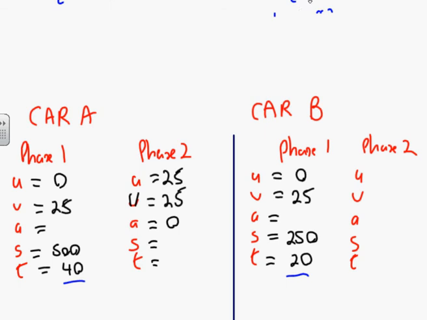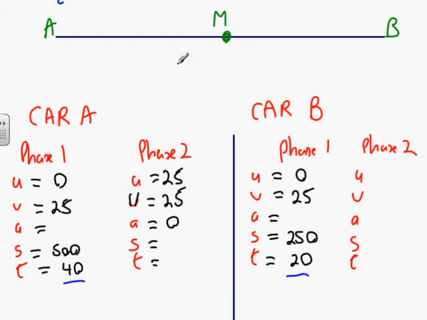Now, we're going to make the assumption that although it is delayed, they're still going to cover their 250 meters and their 500 meters before they meet each other halfway. They have to. Okay? So they're now meeting each other halfway. So we have A and B and the midpoint in the middle, and each one is covering 5,000 meters.